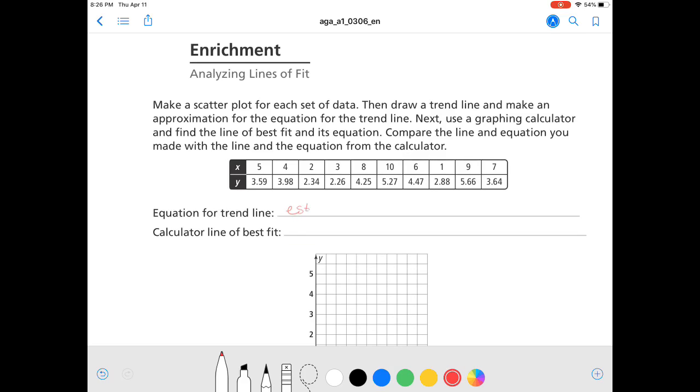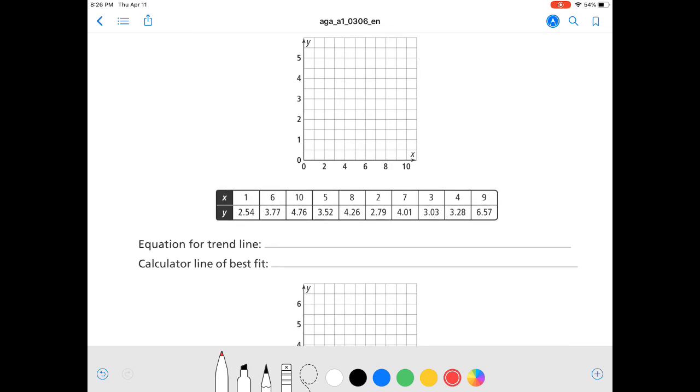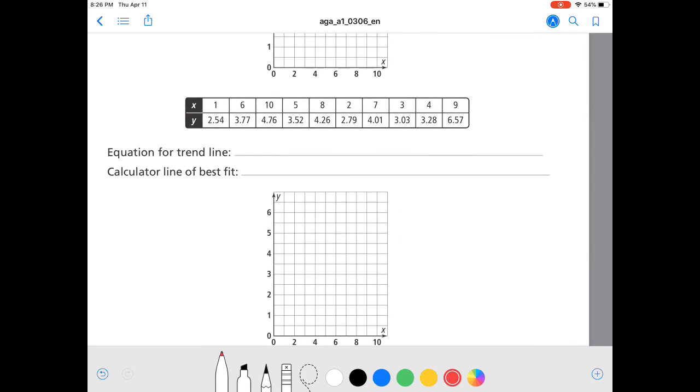Then we're going to use our calculator to find the actual line of best fit. And I want you guys to compare how similar your estimated equation is to the actual line of best fit that your calculator comes up with. And you will do the same thing for both of the tables of data.